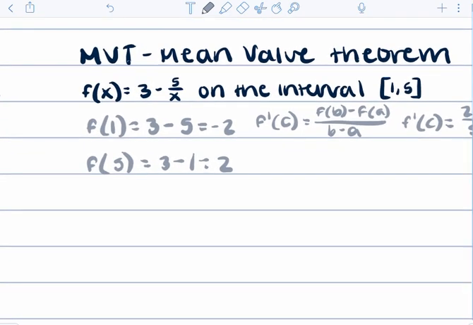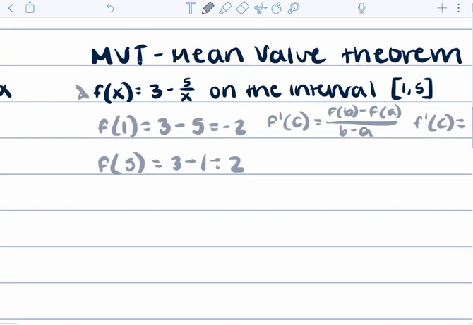The next step is to find the derivative of f of x, and to do that we can use chain rule. So 3 is 0 minus, and for this we can do negative 5x to the negative 1, and then we do chain rule to get 5x to the negative 2.